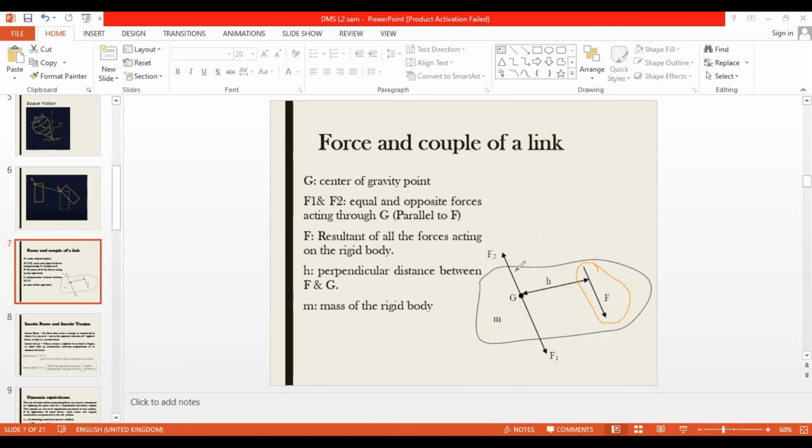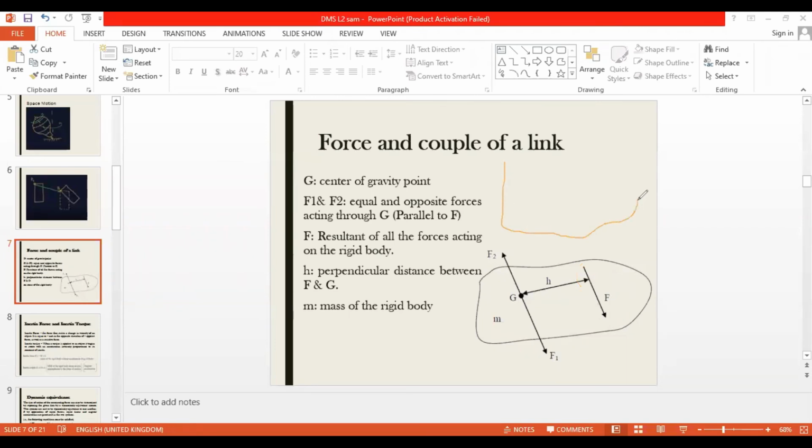If I add one force F here and one force F here, these two are equal in magnitude. So F1 and F2 are equal in magnitude, and in such a case F2 and F1 will cancel out. So there won't be any net force.